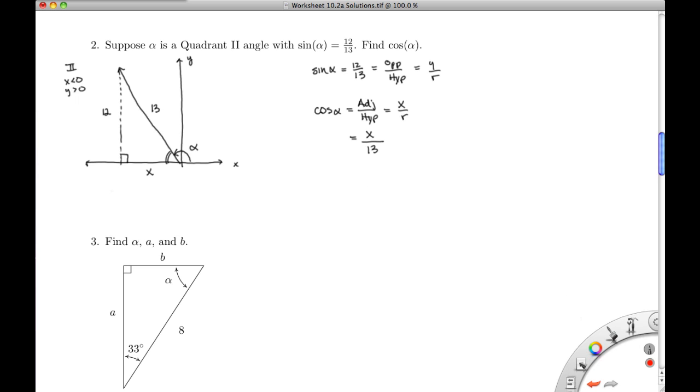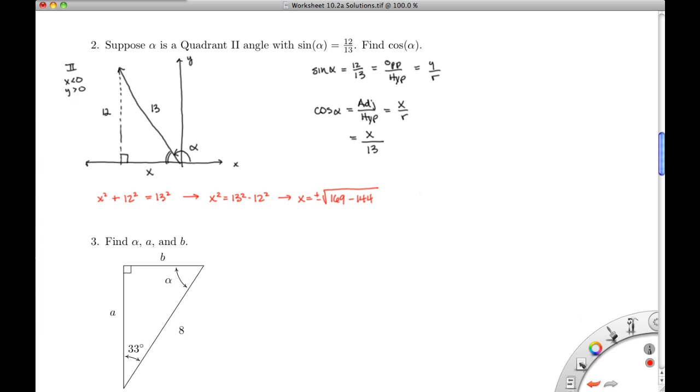So we know that by the Pythagorean theorem, x squared plus 12 squared has to be equal to 13 squared, or x squared is going to have to equal 13 squared minus 12 squared, which tells us that x is going to be equal to, if we take the square root of both sides, plus or minus the square root of 169 minus 144.